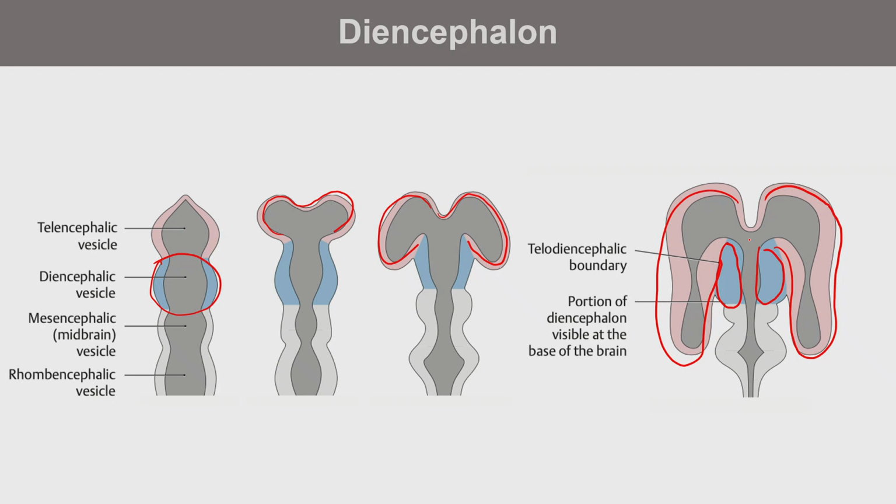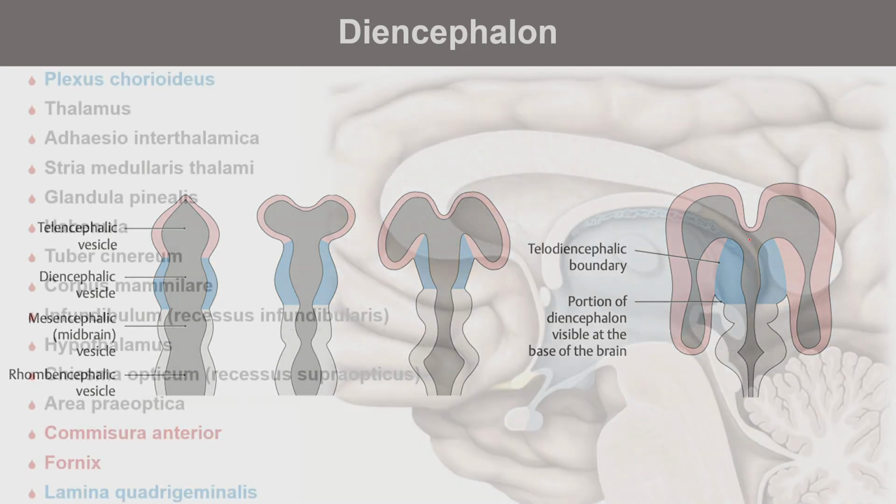So then diencephalon is covered mainly, and mainly the thalamus is covered by telencephalic structures. So this is important that originally it was second part of a neural tube, but in the end it is covered by overgrowing telencephalon.